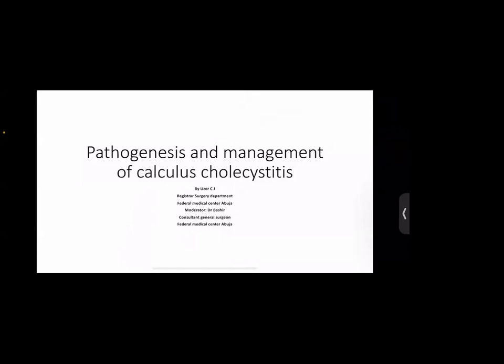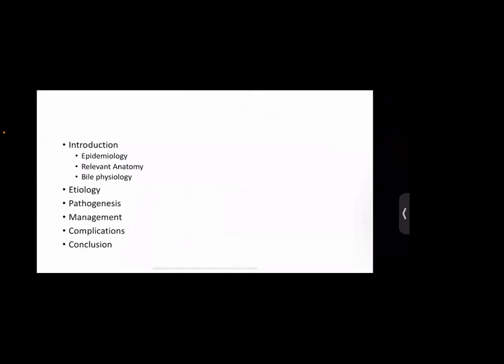Okay, so I'll be talking about the pathogenesis and management of calculus cholecystitis with the following headings: the introduction, in which I'll talk about epidemiology, relevant anatomy, and biophysiology. I'll talk about the etiology, pathogenesis, management, complications, and I'll conclude.